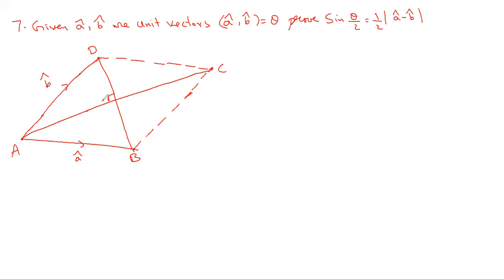The angle between A bar and B bar is given as theta, and automatically this will be theta by 2.